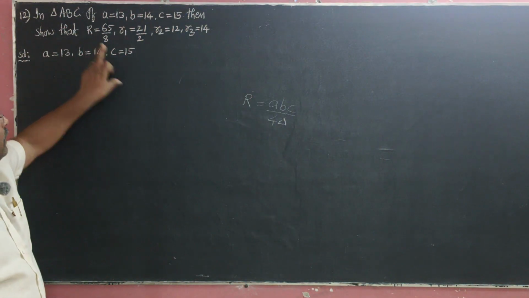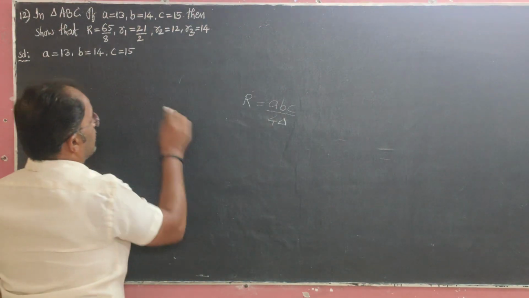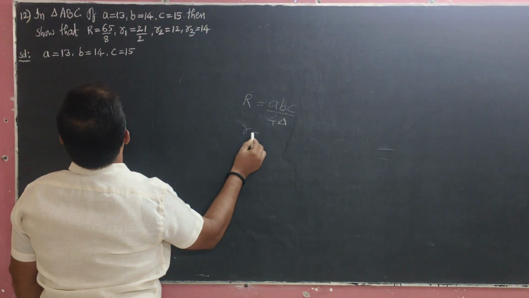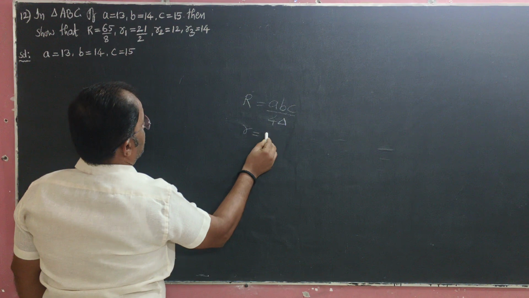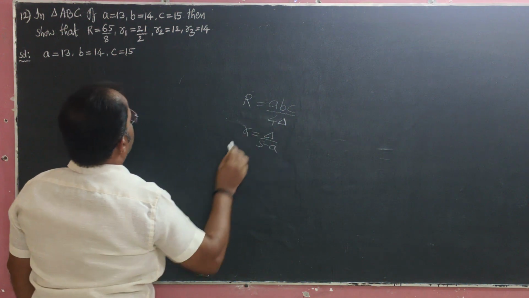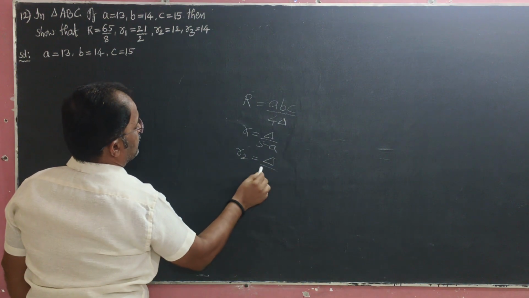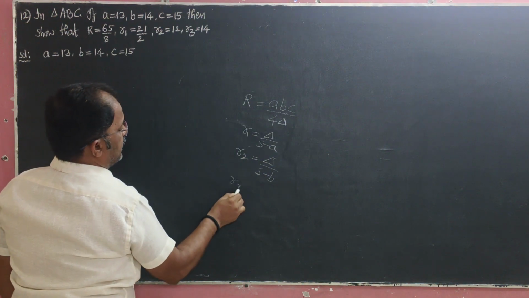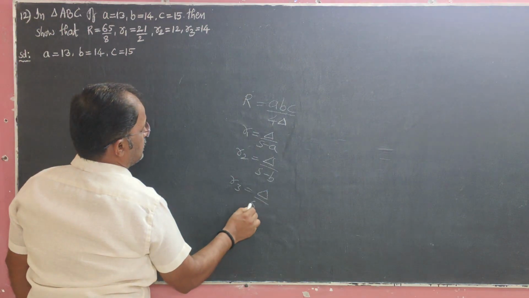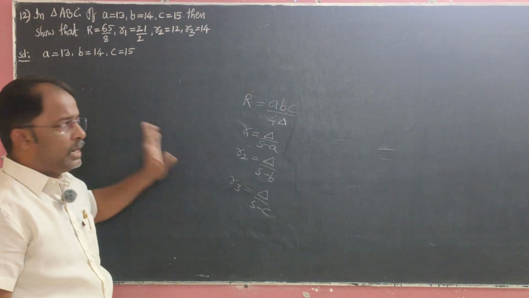To find the R value we have the formula abc by 4 delta, and r1 is delta by s minus a, r2 is delta by s minus b and r3 is delta by s minus c. These are the formulas for r1, r2, r3.